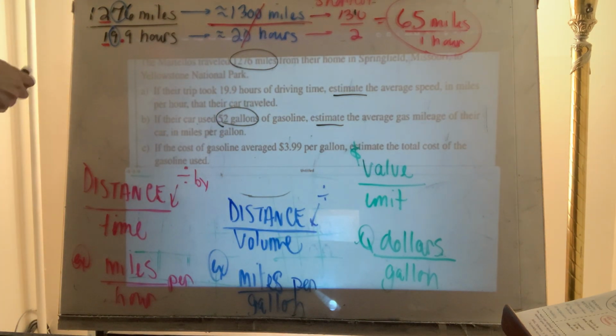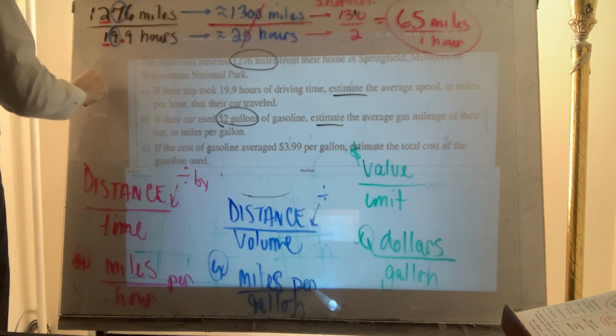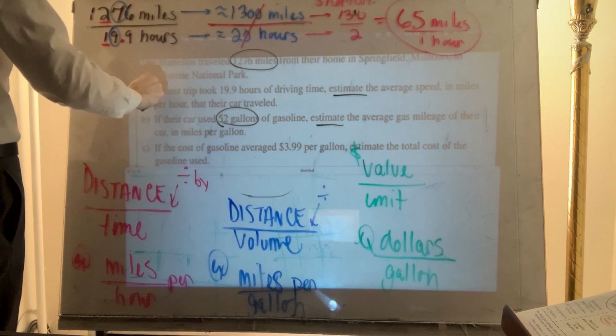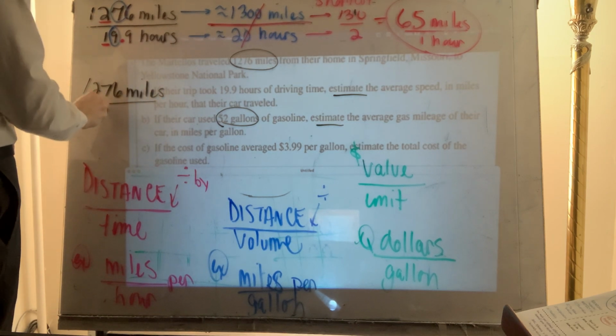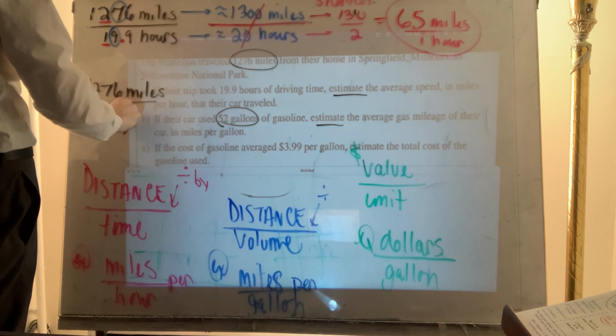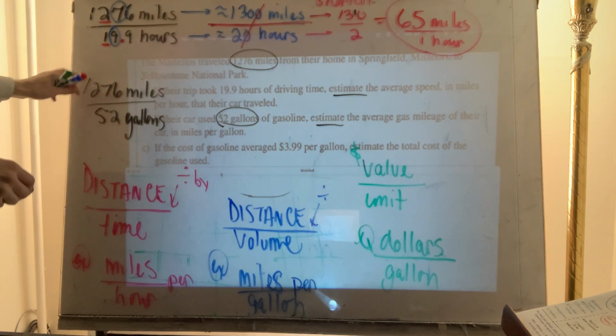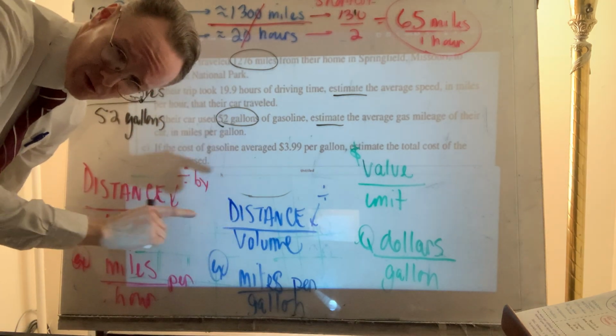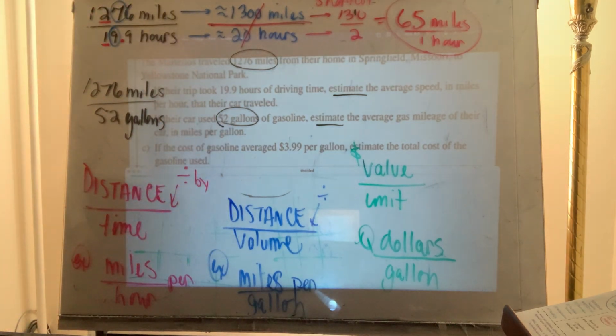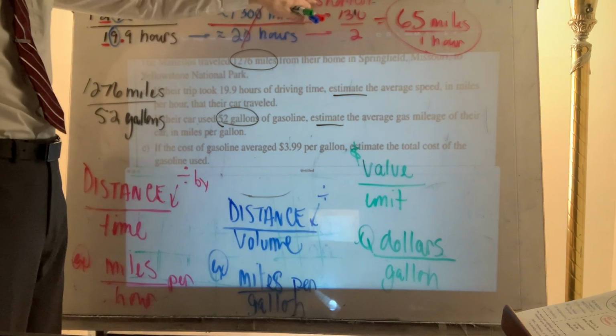Okay, so 1,276 miles over 52 gallons for gas mileage. Again, since you're doing division, it's about convenience more than consistency. You could round to different places if it makes it easier, so you could apply shortcuts.